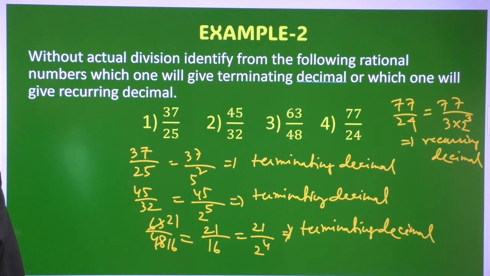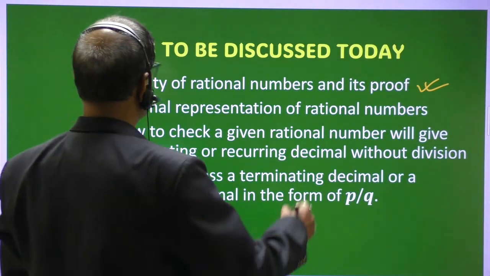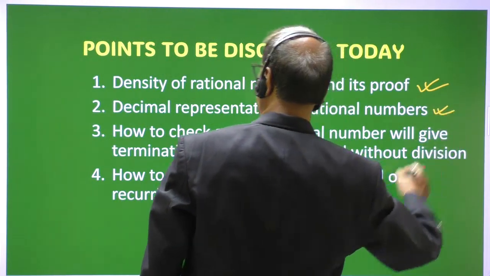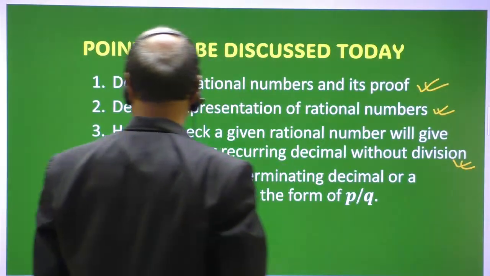Now how to express a terminating decimal or a recurring decimal in the form of P by Q. So this part I will discuss now. I have discussed point number 2, I have discussed point number 3.